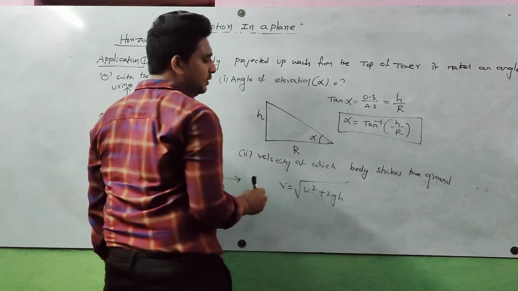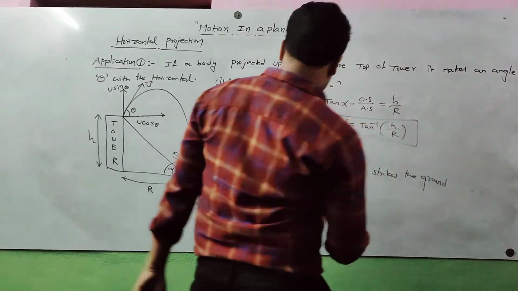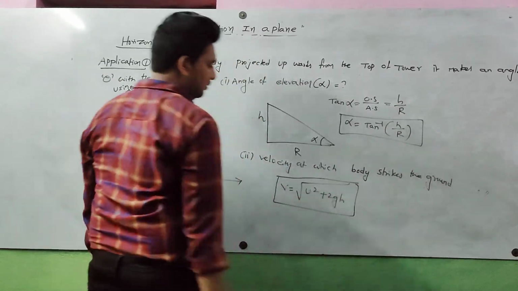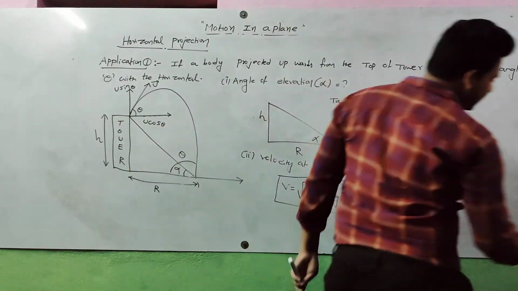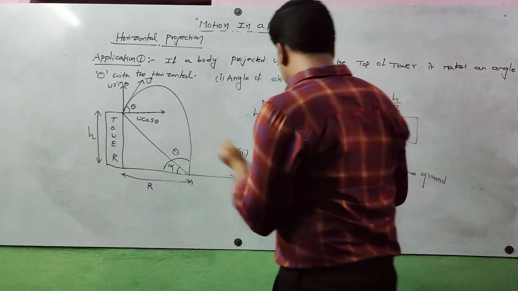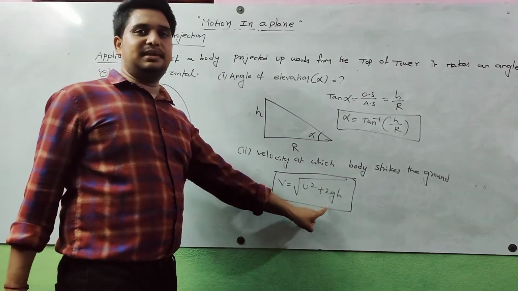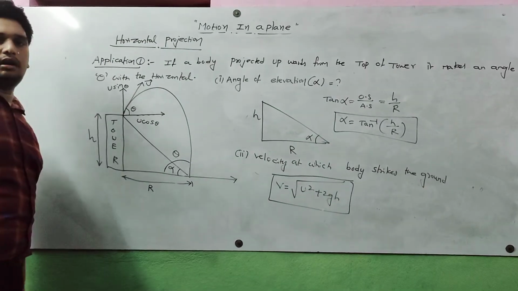So the velocity at which the body strikes the ground is V equal to square root of u square plus 2gh. Here u means initial velocity, g means acceleration due to gravity, h means height of tower.